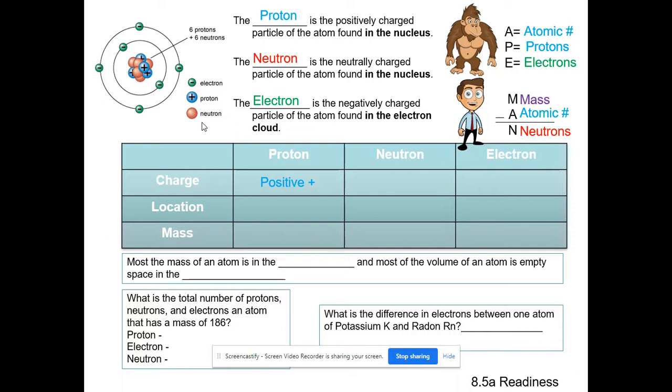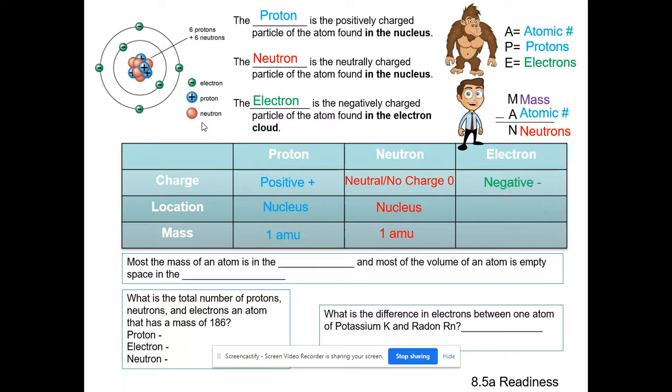The charge of a proton is positive. It's located inside the nucleus, and it has a mass of 1 AMU. What about a neutron? The charge of a neutron is neutral, aka there's no charge. Its location is in the nucleus, and its mass is also 1 AMU.